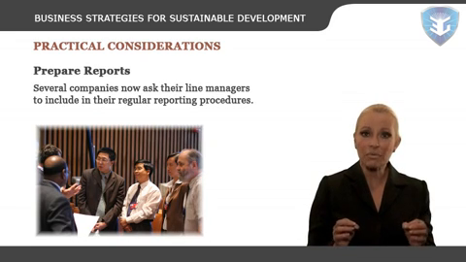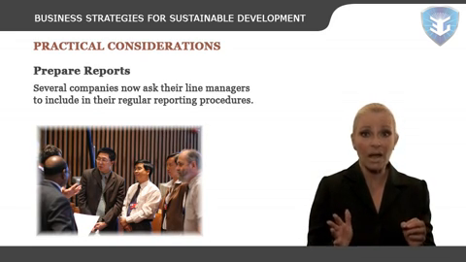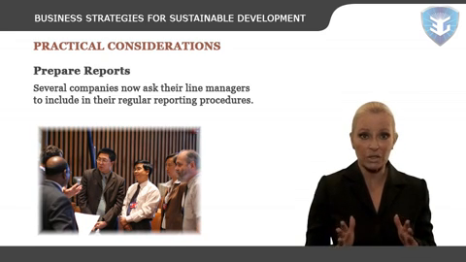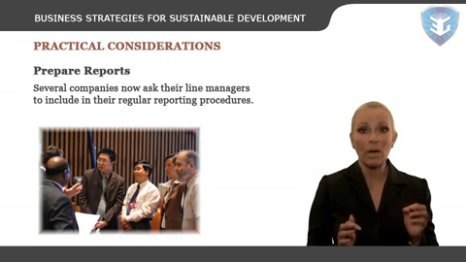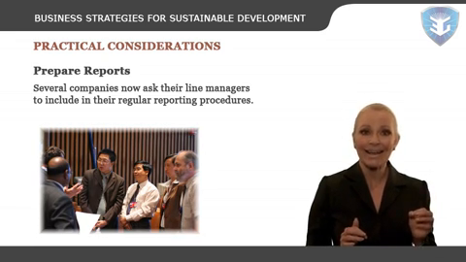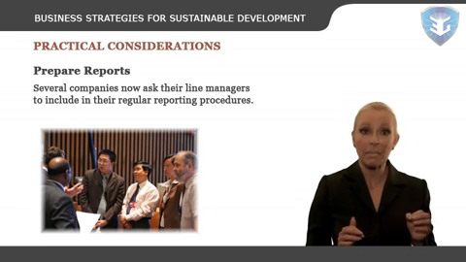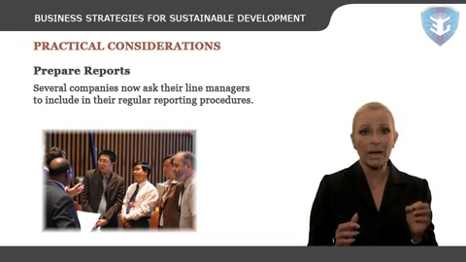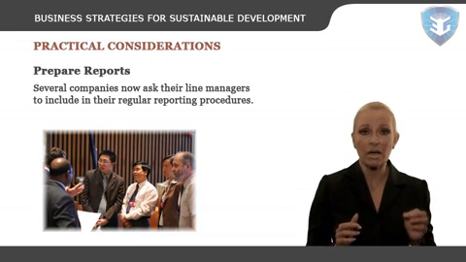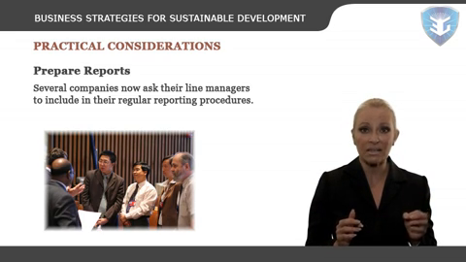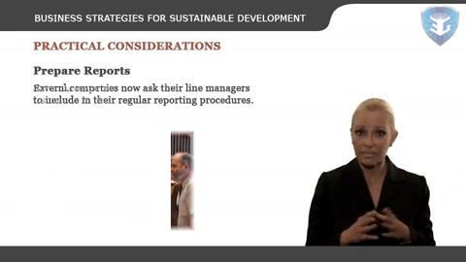Internally, several companies now ask their line managers to include in their regular reporting procedures a statement on whether they have achieved the environmental and sustainable development targets. Similarly, the board of directors should receive periodic reports from senior management on whether these objectives have been achieved.